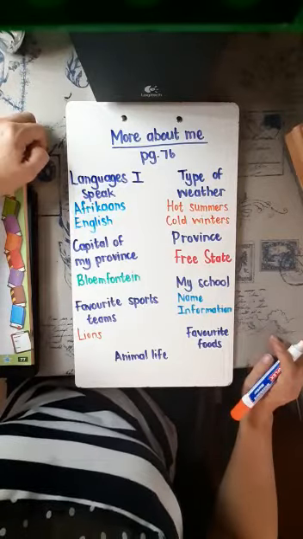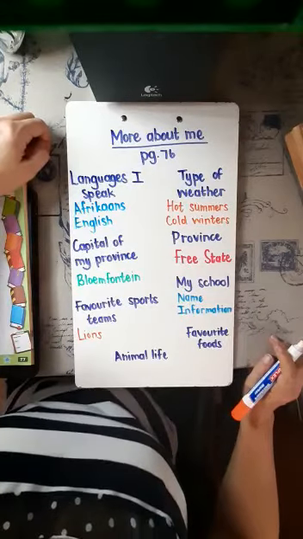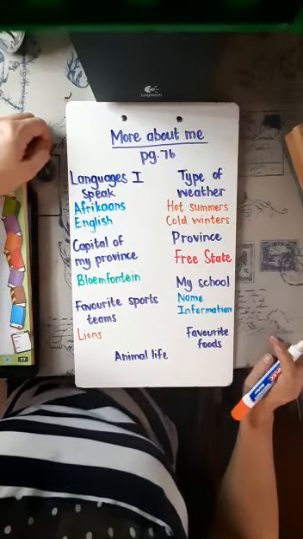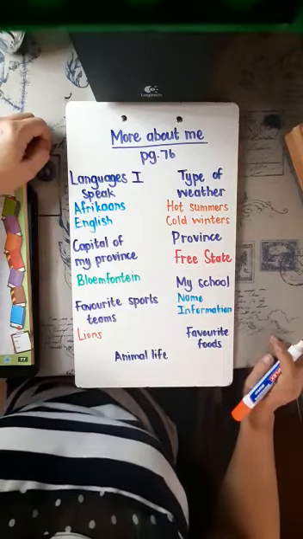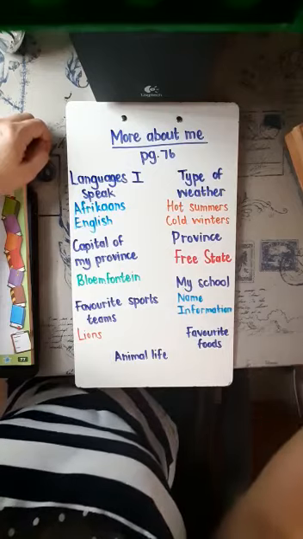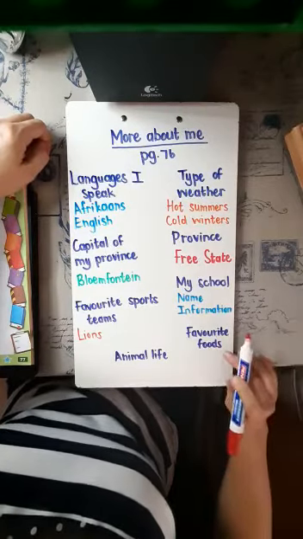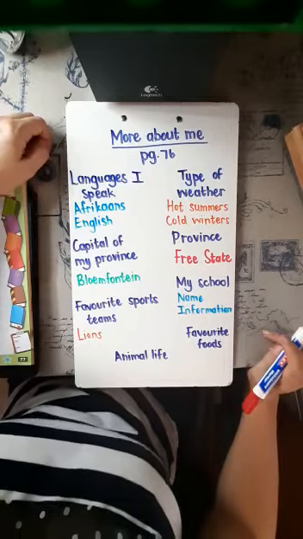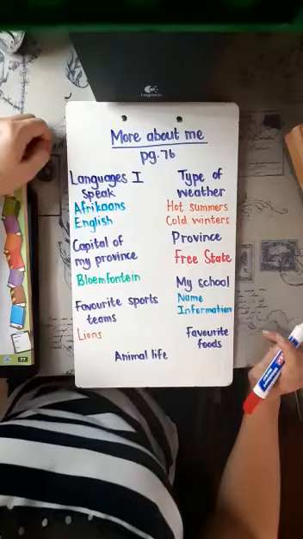If you don't like sports, I would suggest that you say that you don't really like watching sports, but you can tell me there or your friend what you really like watching. Then if we go to the second last bubble, the favorite foods. Here, once again, it's your own preference, which means what you like.